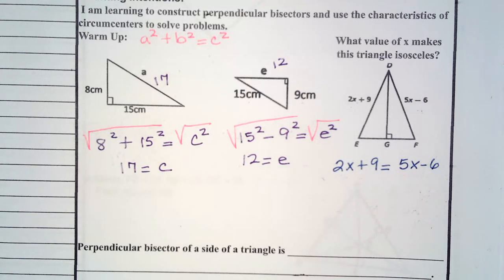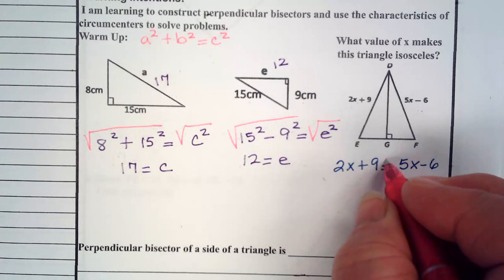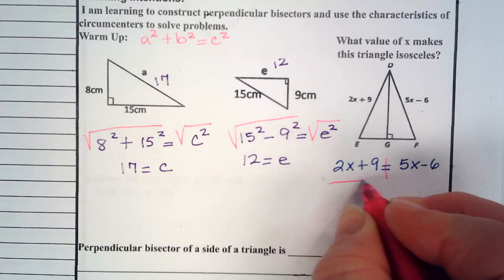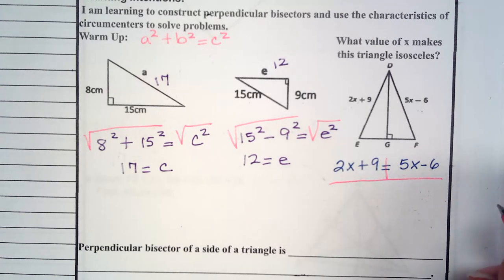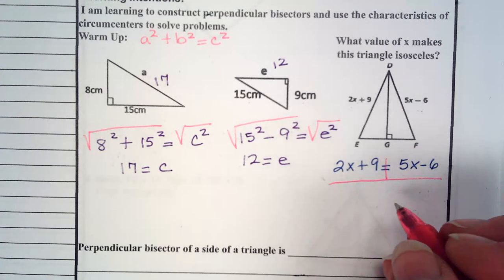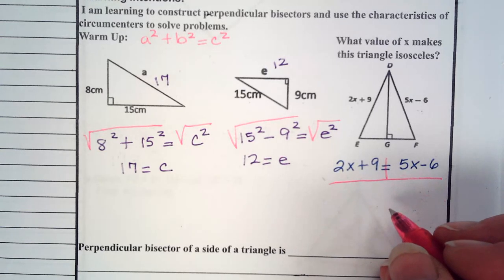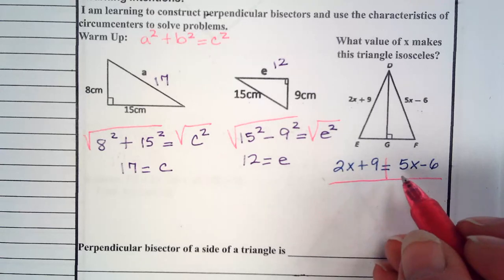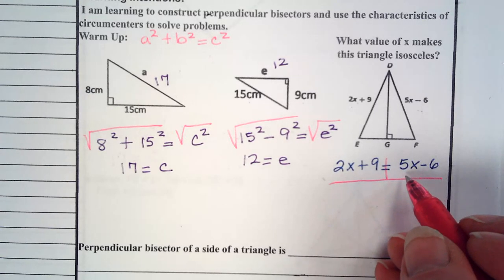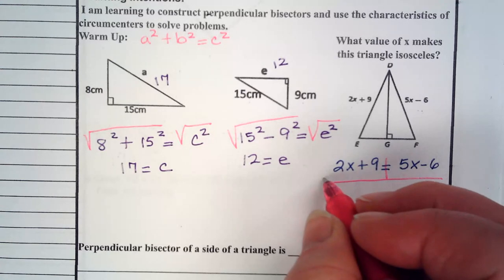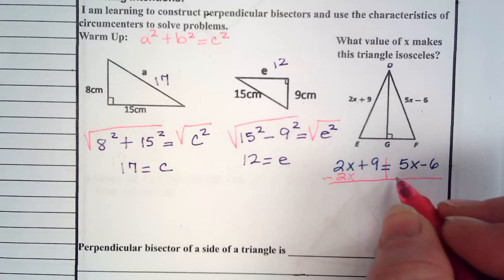When we get ready to solve equations, we need to always draw that line through our equal sign, draw a line underneath, and keep our column straight. Let's start with our variable, which is bigger, 2x or 5x. 5x is bigger, which means we will subtract 2x from both sides.